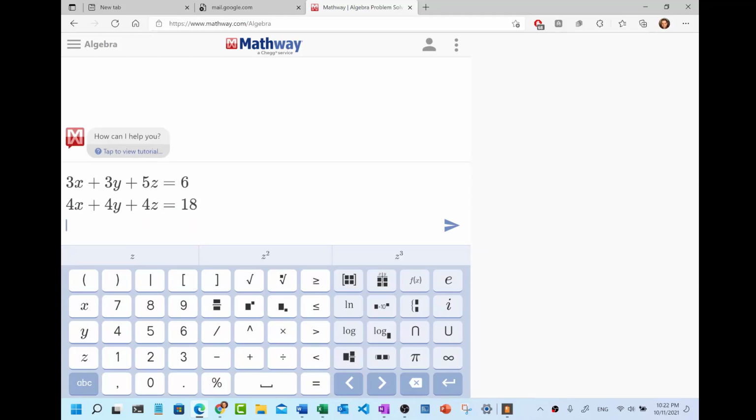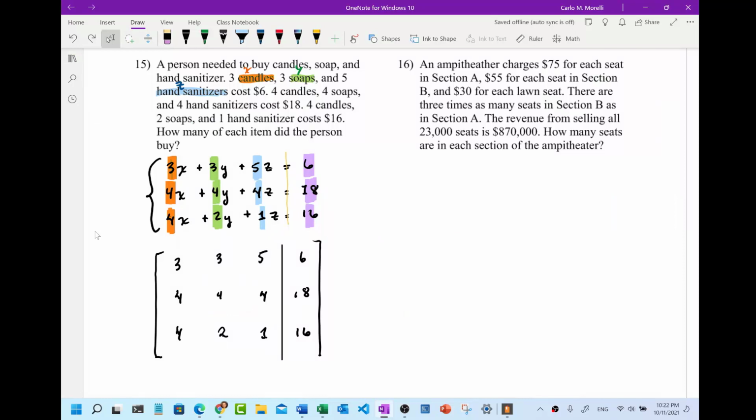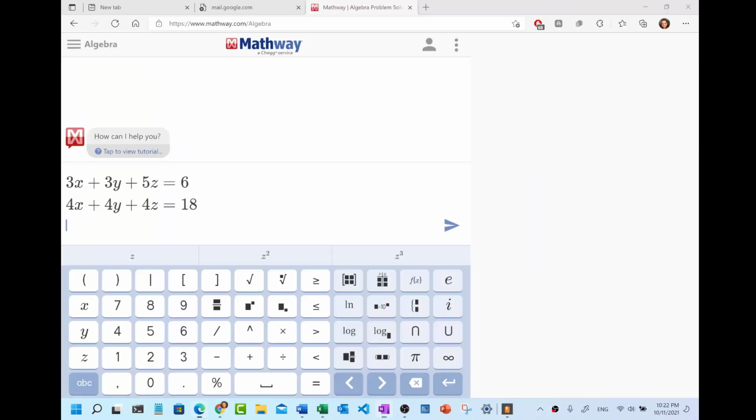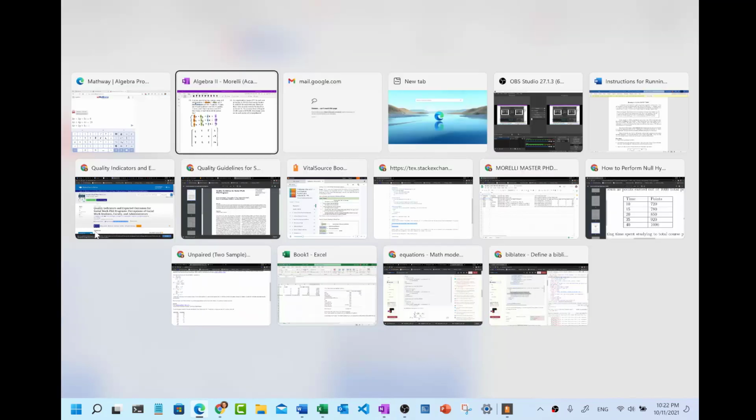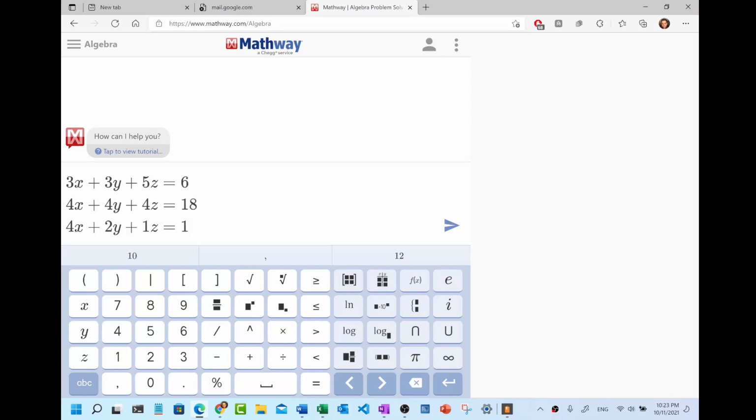Gosh, with a tool like this, why even learn how to do it? I couldn't help myself. That was my one editorial comment. Now finally it's 4x plus 2y plus 1z equals 16, right?